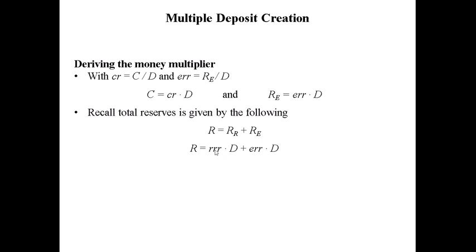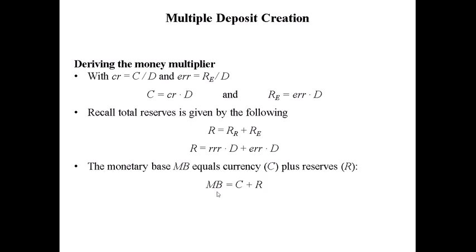Because if the required reserve ratio is 10% and demand deposits are 1,000, then banks are required to hold 10% of that. So required reserves equals this part of the equation. Now, by substitution, we get this here, because excess reserves equals the excess reserves ratio times demand deposits. So this is replaced with that down there.